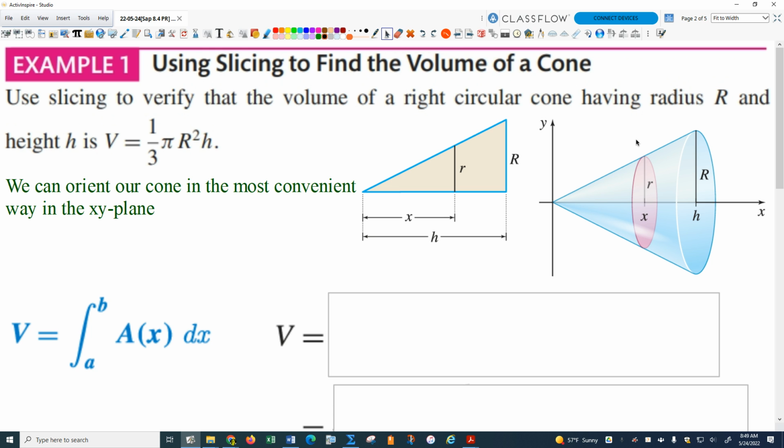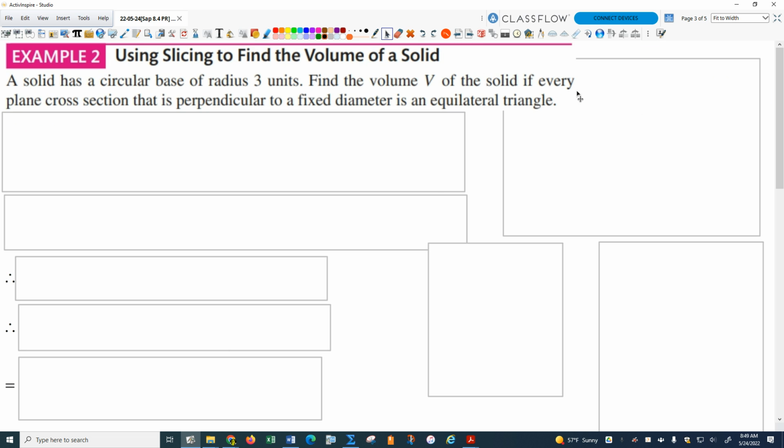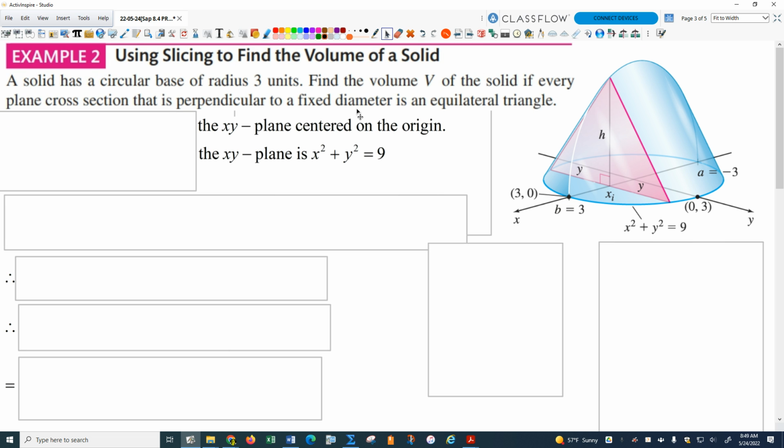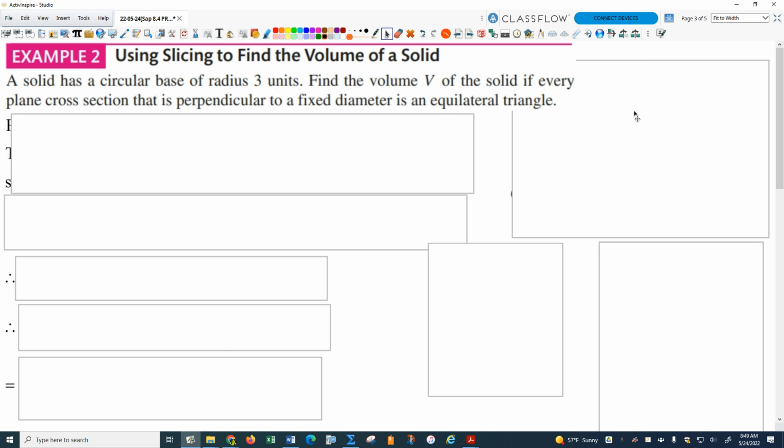Now this is an example where we could have used other methods, but there are other types of examples like this one where we couldn't, where there is no rotational symmetry, and this is where slicing is particularly useful. Okay, so again, let's head back.